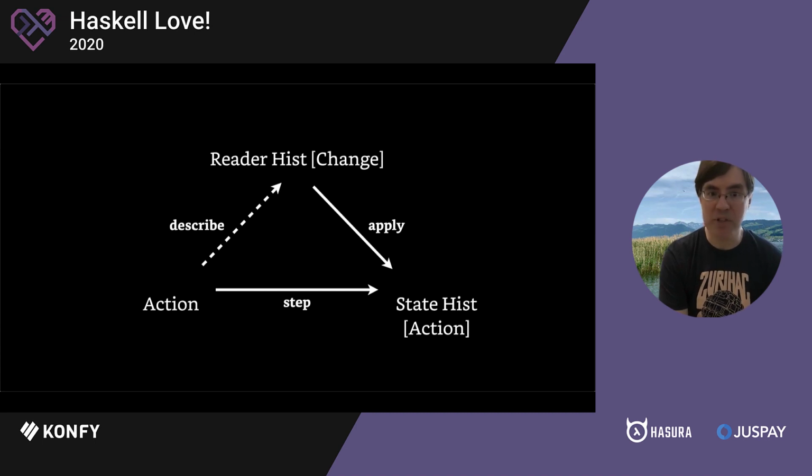If your describe is lossy, or if your reader history type can't represent all of the states that step would need to represent all of its outputs, then it doesn't really fit this pattern. But if you can show that describe composed with apply gives the same answers for each input action that step would have given, then it holds.